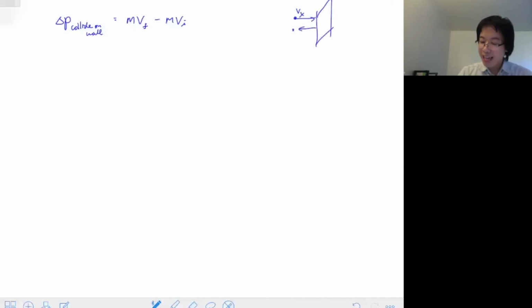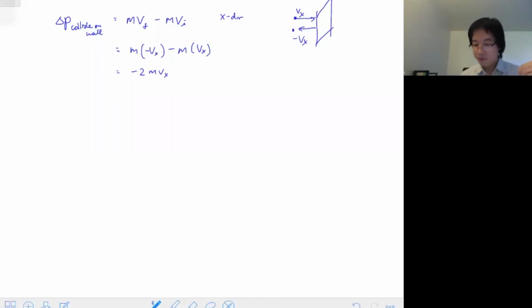If it's perfectly elastic, it will bounce back with minus Vx. So final is minus Vx in the x direction, and initial is Vx. Together, this is minus 2 m Vx. So the magnitude, the absolute value of that, is just 2 m Vx.